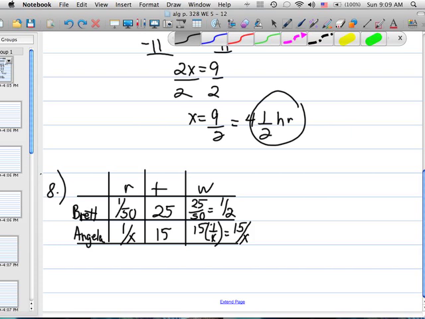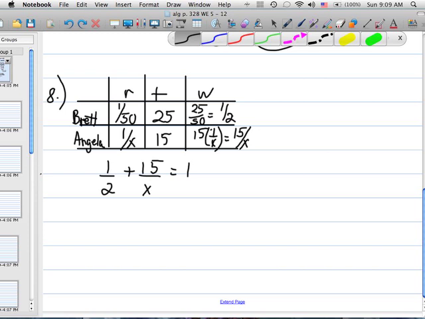And Angela would be 15 times 1 over x, which would be 15 over x. So the amount of work done by Brett is represented by 1/2, plus the amount of work for Angela is 15 over x, and it equals the job done, which is 1.